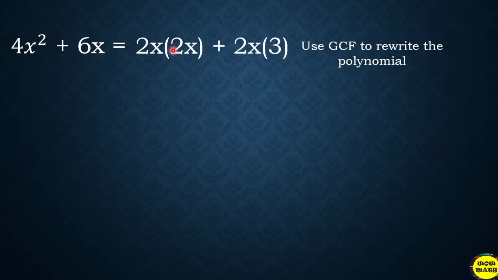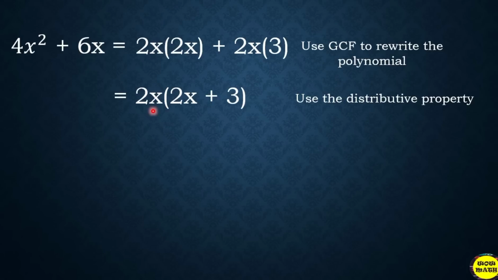Okay? So, ito po siya, 2 times 2, that is 4, and then x times x, that is x squared, and then dito, 2 times 3, that is 6, and then x. Okay? So, now, ang gagawin natin, since common nila to, yan ang magiging common monomial natin. So, 2x, and then just copy. Ayan, copy nyo lang po yan.